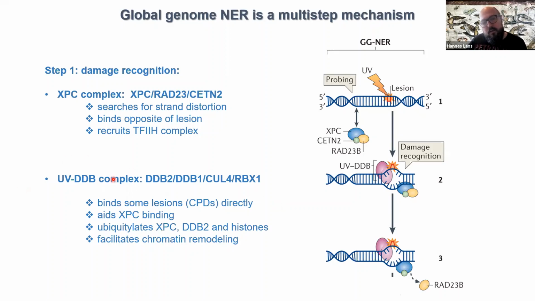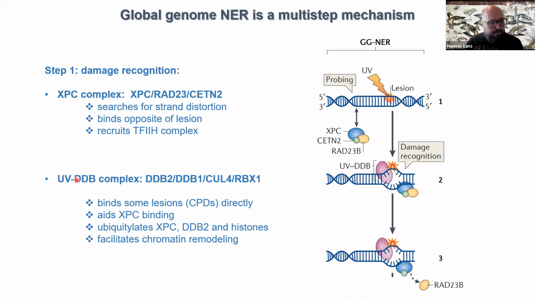And finally, this UV-DDB complex is also thought to regulate chromatin remodeling, because you can imagine if DNA repair has to take place within chromatinized DNA, that the repair reaction cannot always easily take place because maybe nucleosomes are in the way, and these nucleosomes also need to be removed or remodeled in order for repair to take place efficiently. And it's also thought that this complex plays a role in that.